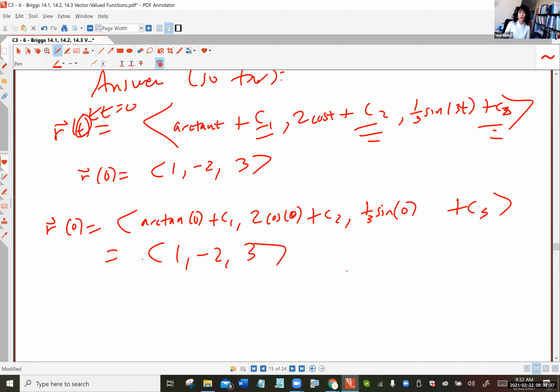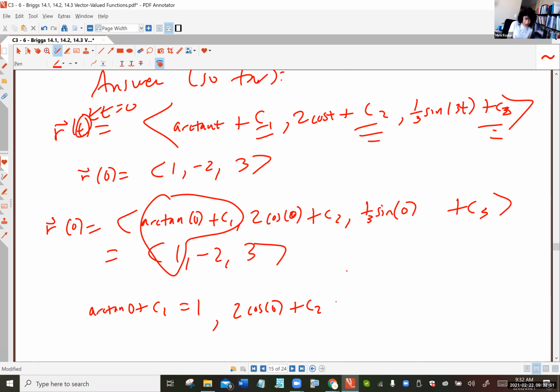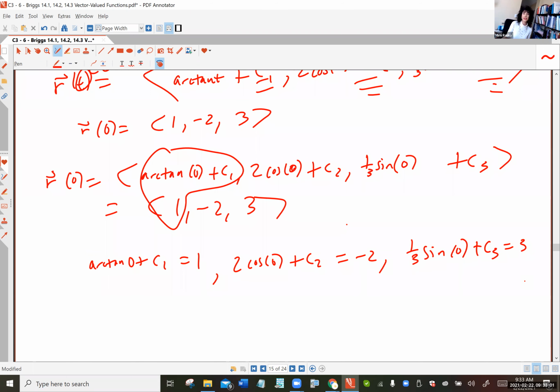Then you just use equality of vectors, which we discussed in week 1 of the course. For these two vectors to be equal, their components must match. So arctan 0 plus C1 has to equal 1, 2 cos 0 plus C2 had better equal -2, and 1/3 sine of 0 plus C3 had better equal 3. That's all. Now you can get your C1, C2, and C3.